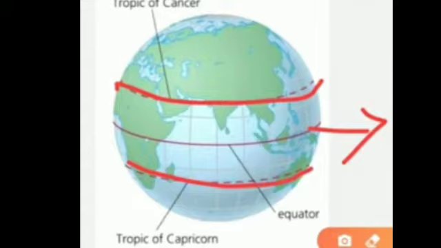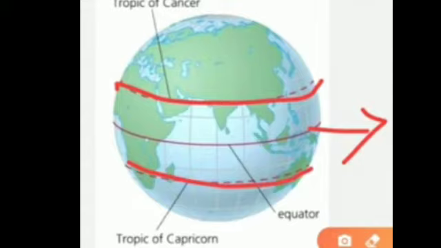And when the temperature is high, what happened? The pressure becomes low. We have learned this. The temperature is high in this region, so the pressure becomes low. Didn't we see, students? So this is a continuous process, right? In this region, between the Tropic of Cancer and Tropic of Capricorn, daily the sun rays fall in a perpendicular direction.